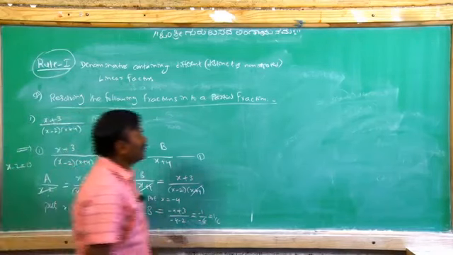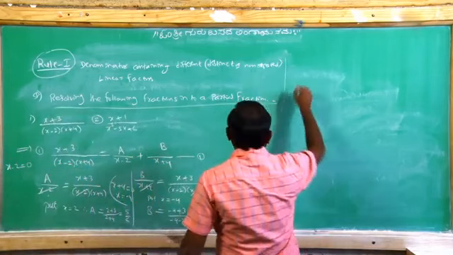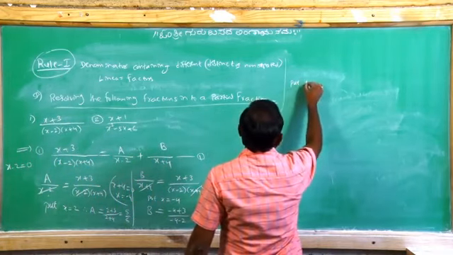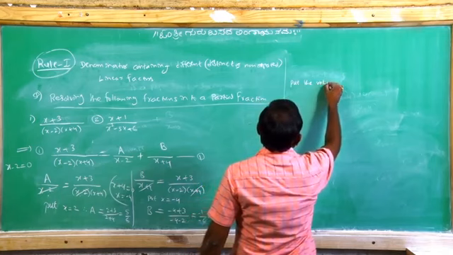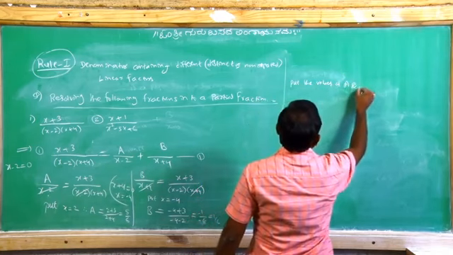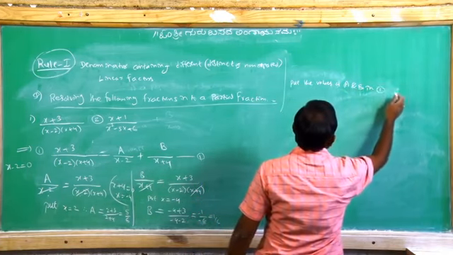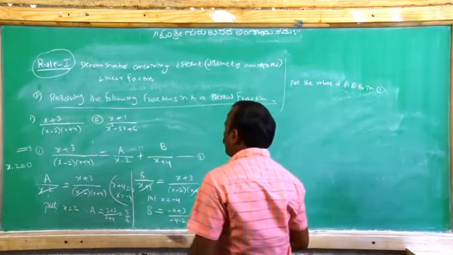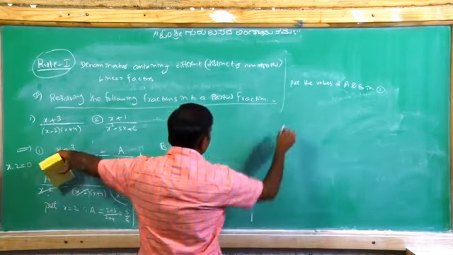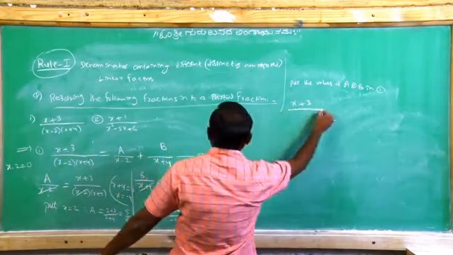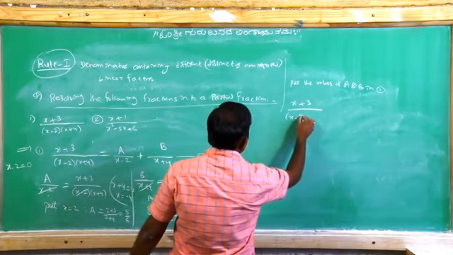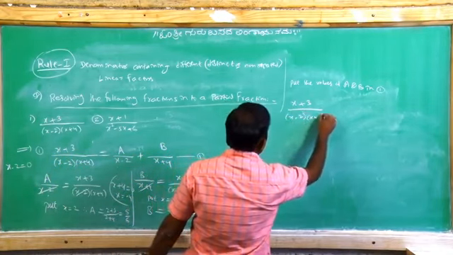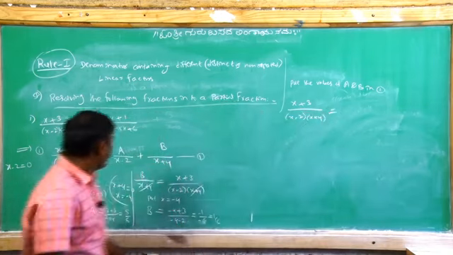Okay, so next step. Put the values of a and b in equation 1. So equation 1 becomes: LHS part x plus 3 divided by x minus 2, x plus 4 is equal to the RHS part.